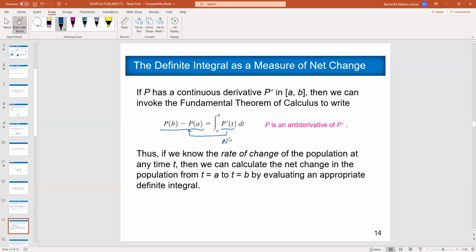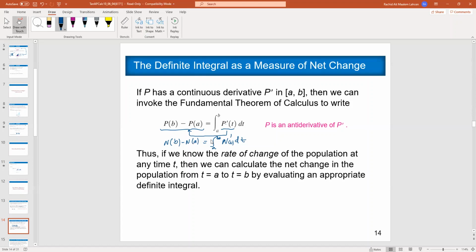So if you say for a population N prime, then here it's going to be the population at some time, N of b minus N of a, and of course here from a to b. So you see, if you have the rate inside, you can find the population between these two limits.